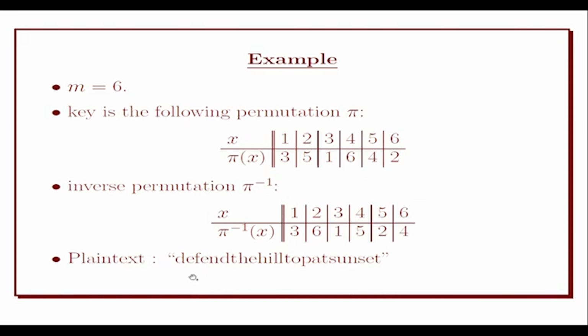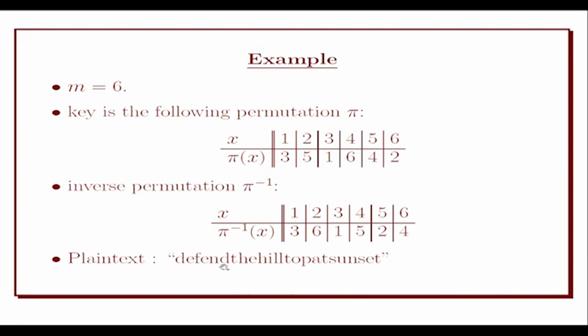Now, suppose this is our plaintext, defend the hilltop at sunset. If we have to apply this permutation cipher, we have to break it into blocks of 6 letters each.